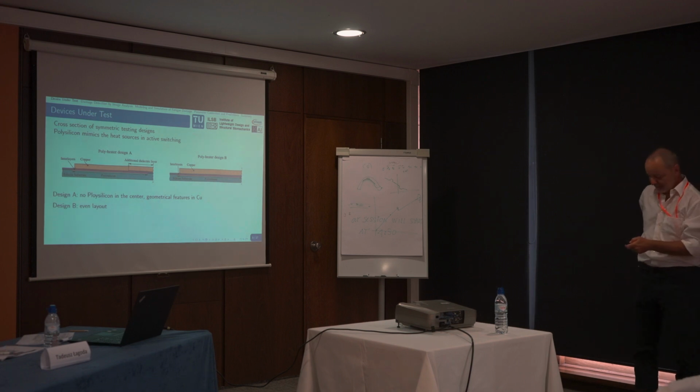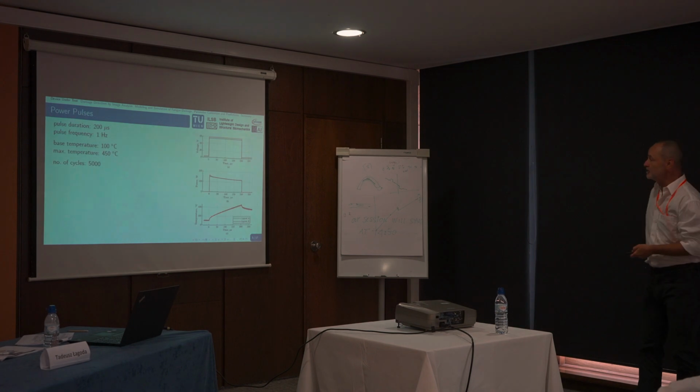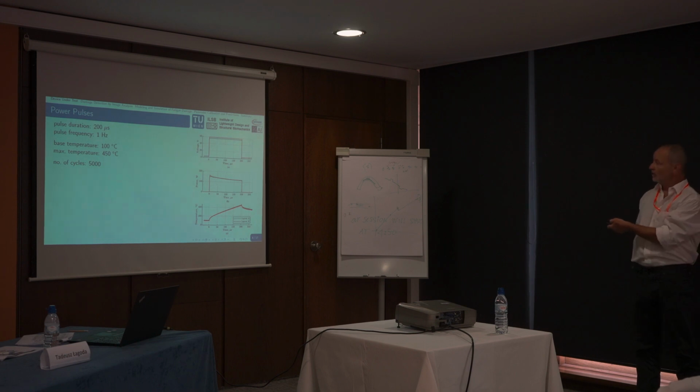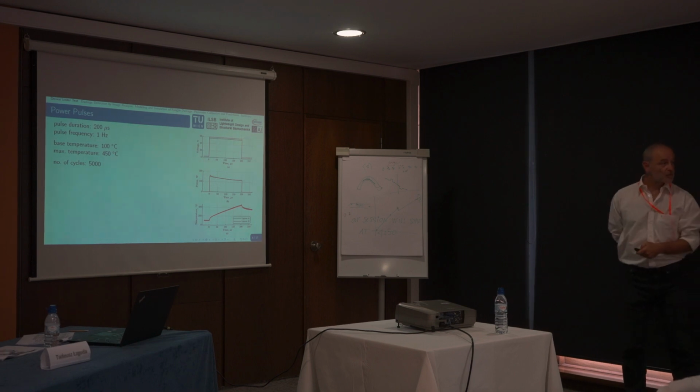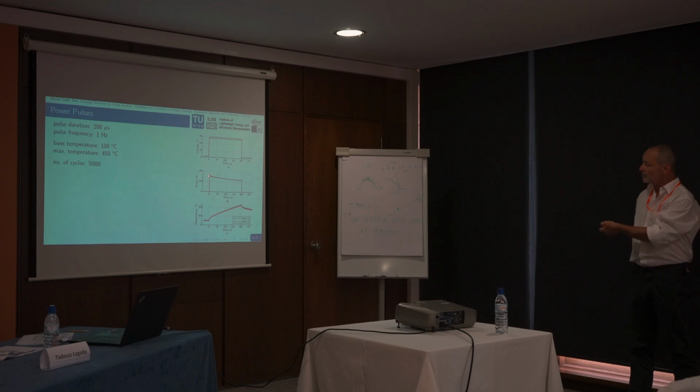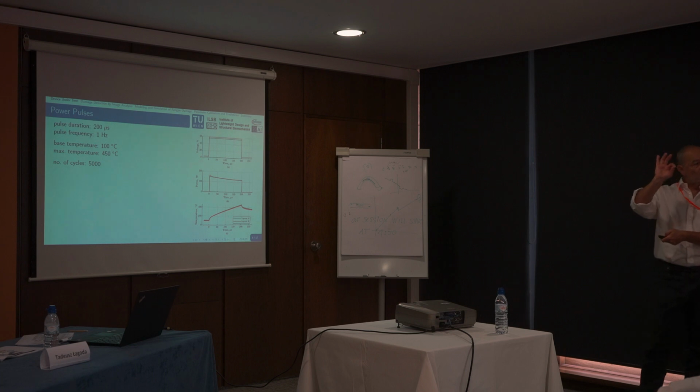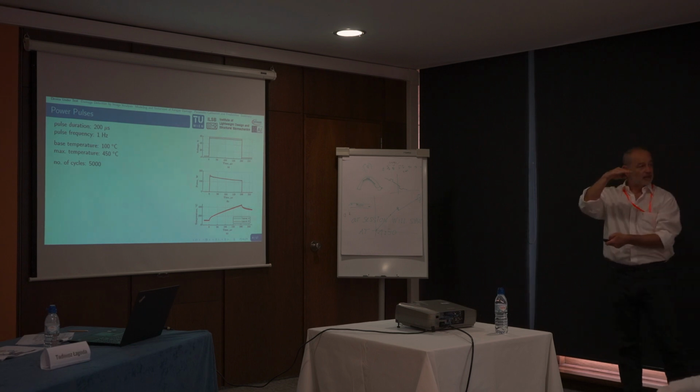Okay. So two different designs. What pulses are applied? You see here the voltage which is switched on this polysilicon. You see the power dissipation, and here you see the temperature rise close to the interface between silicon and copper.